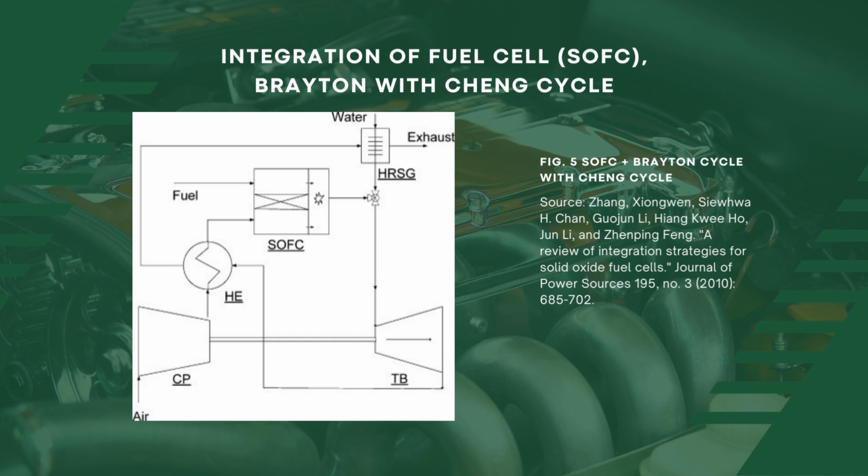Therefore, the Cheng cycle is a good option for following the electrical load or a steam load by controlling the steam injection. Simulation work shows that the addition of the Cheng cycle to the pressurized SOFC Brayton cycle improved the electrical efficiency by 1 to 3%, and the Cheng cycle decreases the temperature in the interior of the turbine, which permits gaining more efficiency by increasing the temperature of fuel combustion.